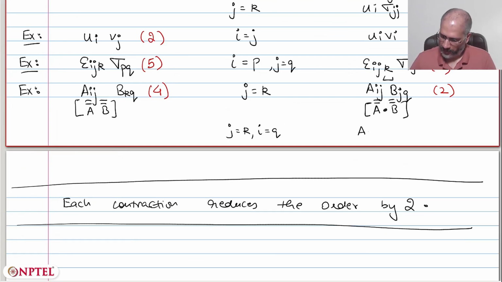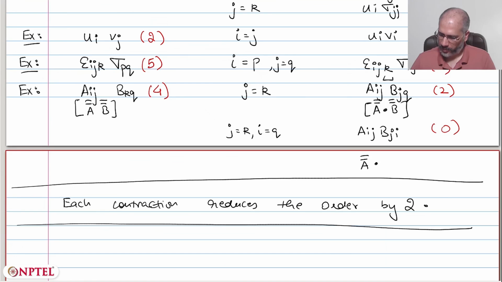So that results in A_ij B_ji, which has an order of 0 because there is no free index here, and in fact symbolically this is the horizontal double dot between the tensors A and B. So I hope you are able to understand the idea of contractions which take us from an outer product to an inner product.